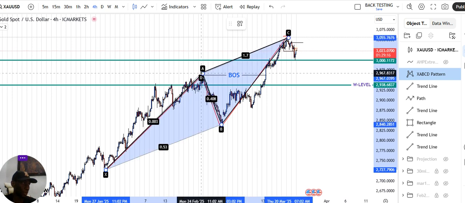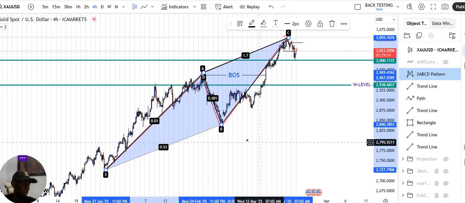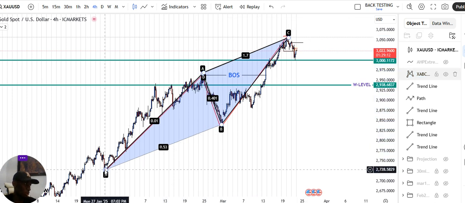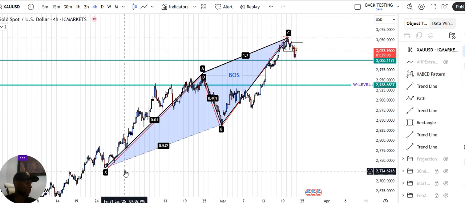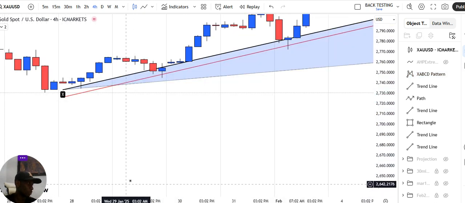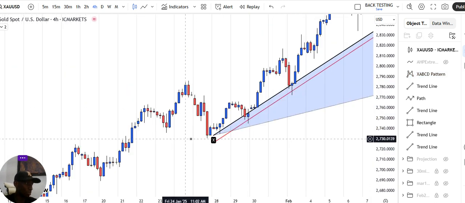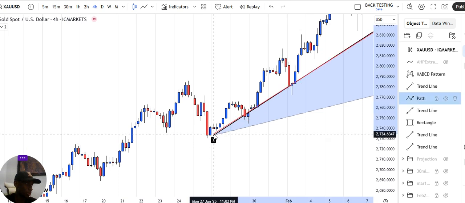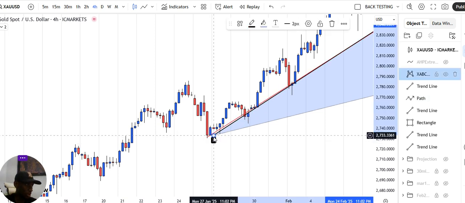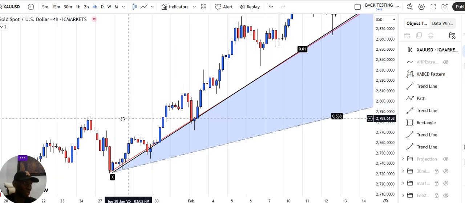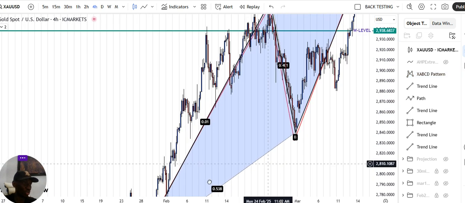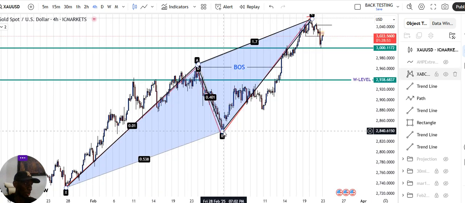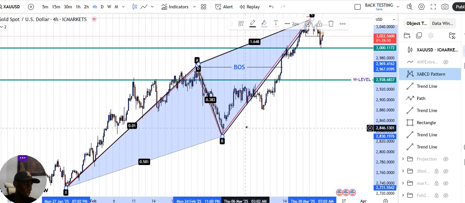Okay, good. This is ABCD. This is a one-to-one move. We call it the ABCD pattern or ABCD retracement. So this is a typical ABCD pattern. Since we have identified this ABCD pattern, what we need to do is take the measurement to know the reciprocal levels of this ABCD.